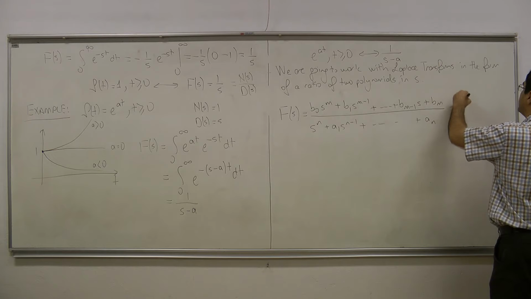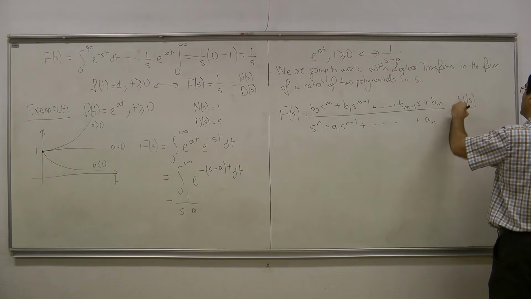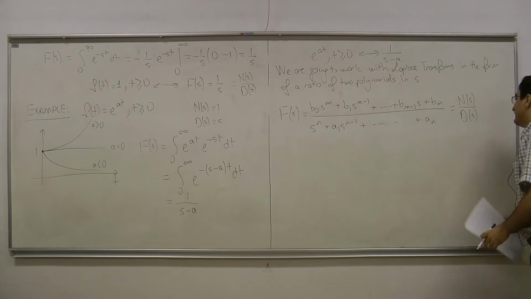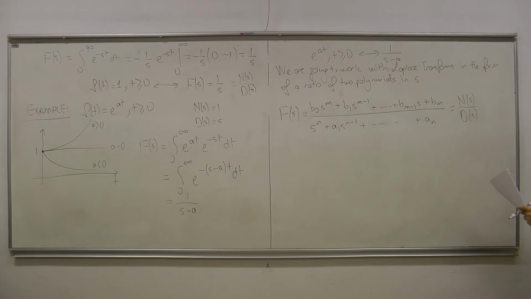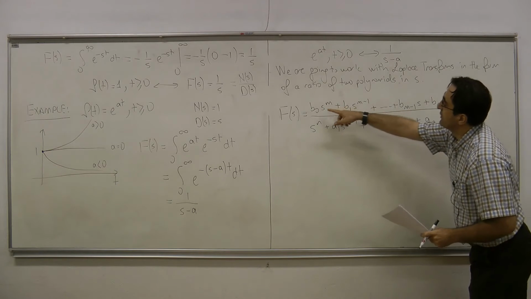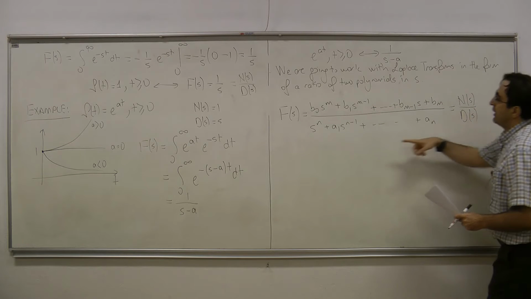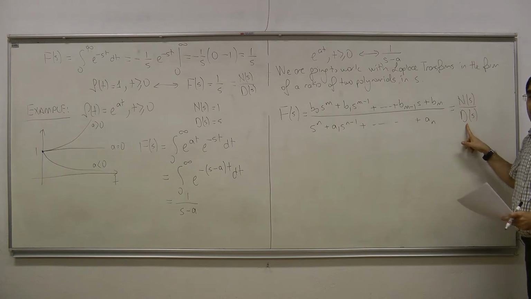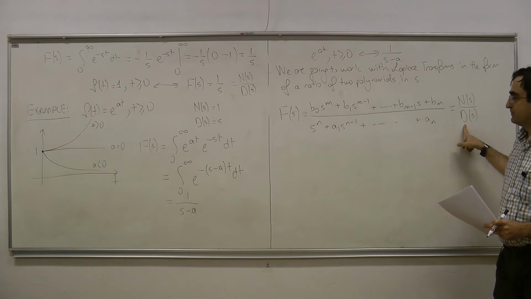So I'm going to be writing this ratio of polynomials again as n of s, the numerator polynomial, and the denominator polynomial is going to be called d of s. All right?